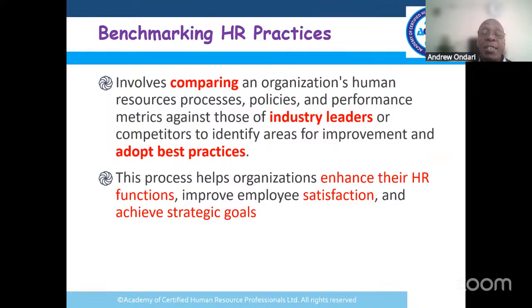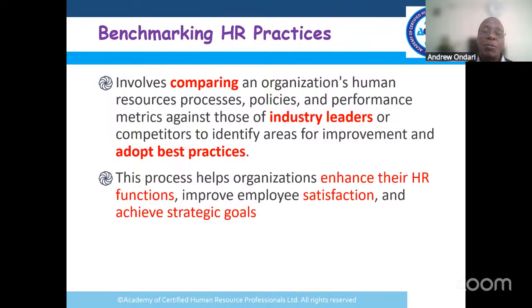When we talk of industry leaders, these are organizations that are doing well or are successful. You can measure success in terms of 2 or 3 things. One is the profits and revenues they are posting, which means that the employees are working and delivering results.